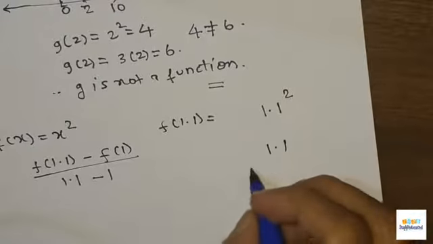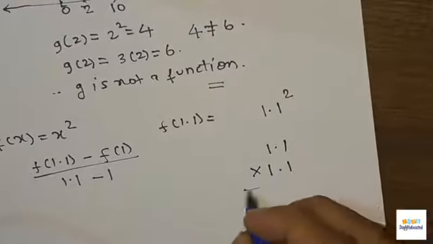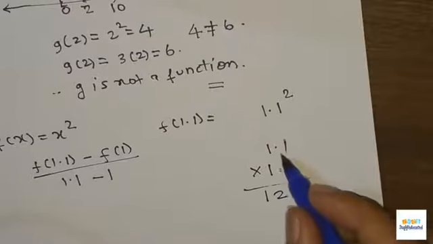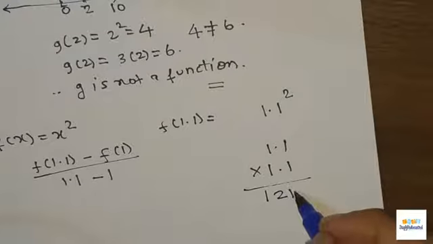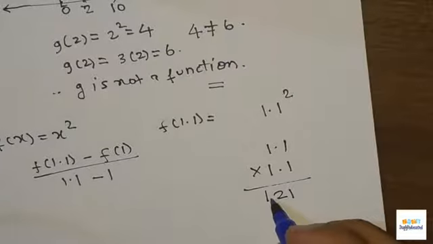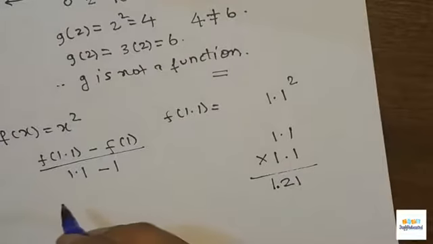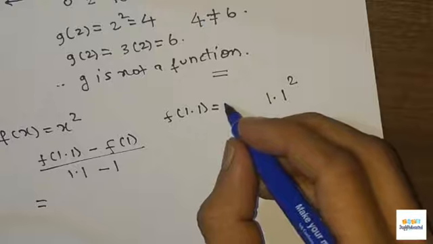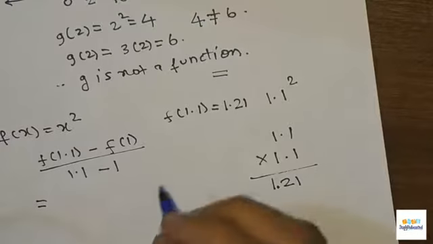Okay, so that is 1.1 multiplied by 1.1. This is 11 multiplied by 11, that is 121, and the decimals will be here. So what you get is the value of the function at 1.1 is 1.21.